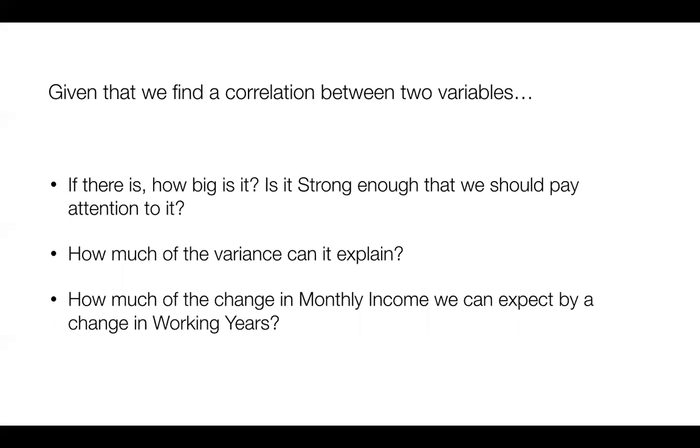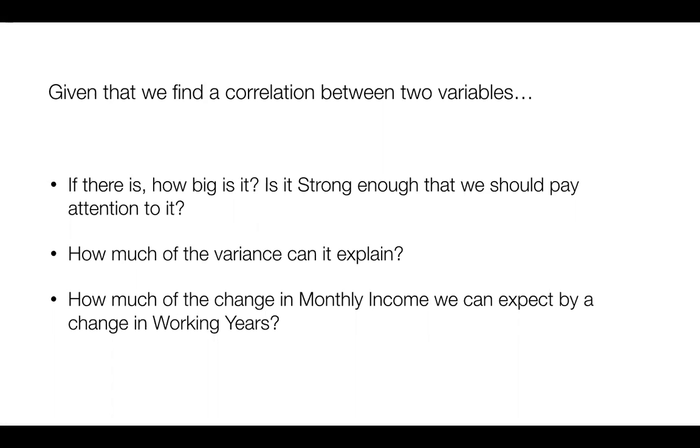First, now that we know there are some correlations between those variables, how big is that correlation? What I mean by big is, is it strong enough that we should really pay attention to it, dig into it? In this case, we have a few correlations. Are they equally important? That's the question we want to answer.